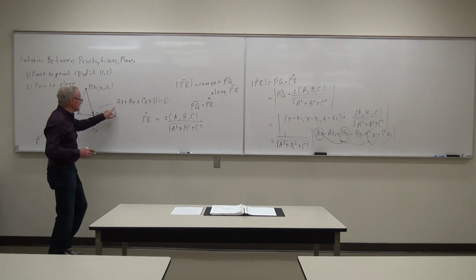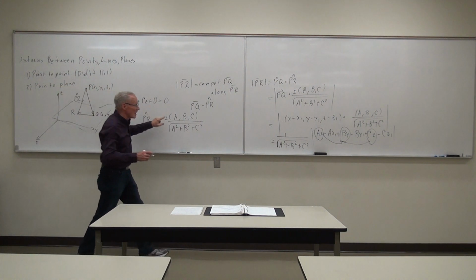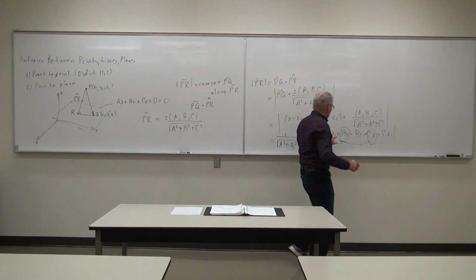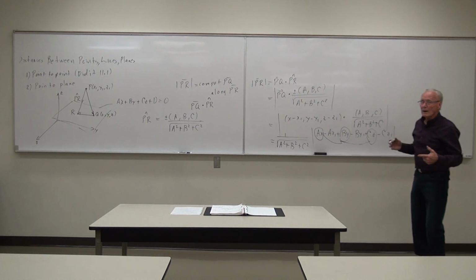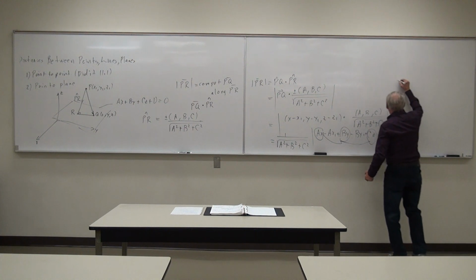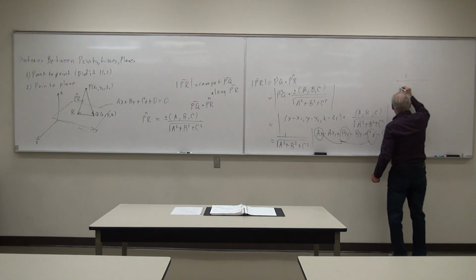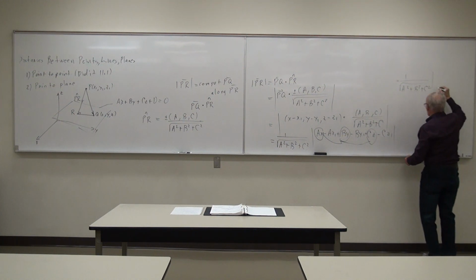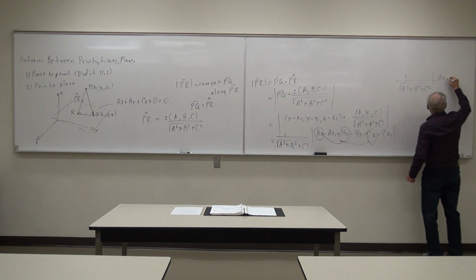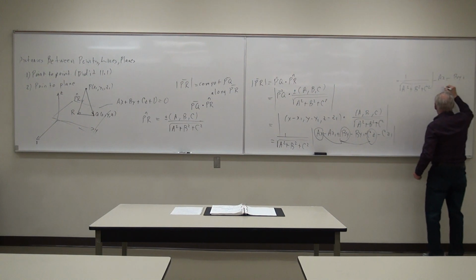Therefore, these three satisfy that equation. And therefore, instead of ax and by and cz, I could put in minus d. So I could write then 1 over the square root of a squared, b squared, and c squared, the absolute value of minus ax1, minus by1, minus cz1, minus d.